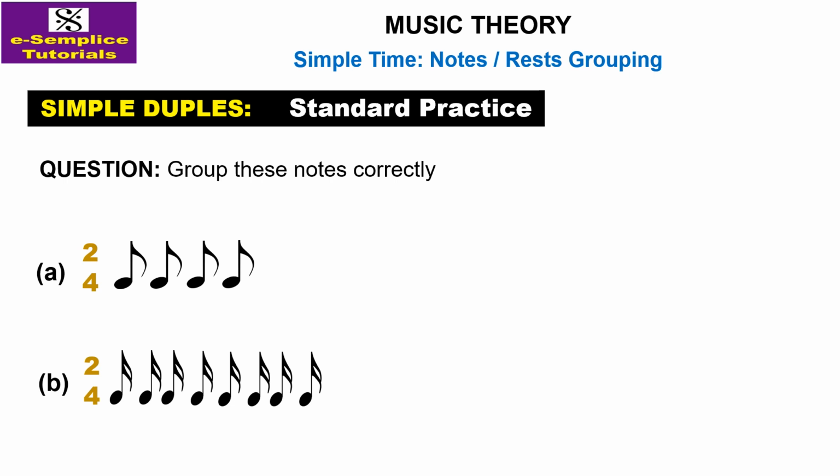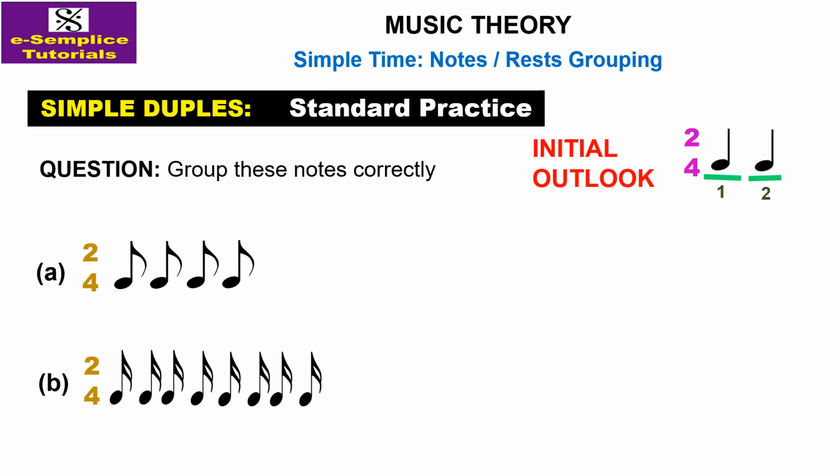Remember, always sketch the initial outlook of the time signature so you'll be able to follow the outlook. If you follow the outlook, you can never make a mistake in grouping notes and rests. So the initial outlook first of 2-4 time. You see it has beat 1 and beat 2. Remember the rules of grouping.